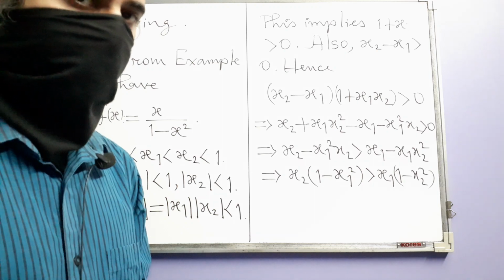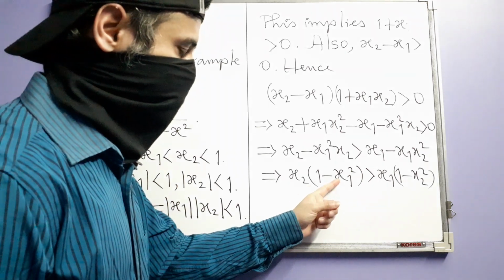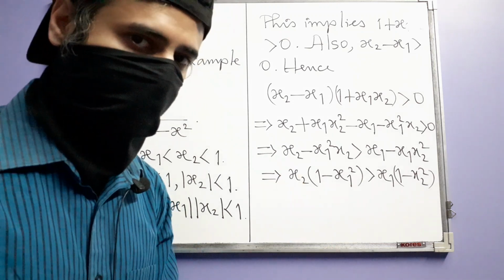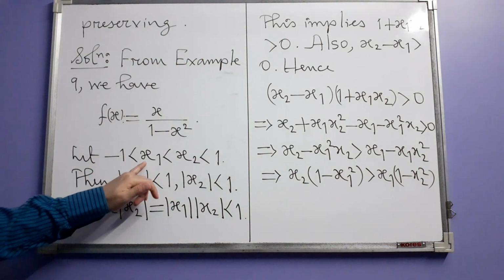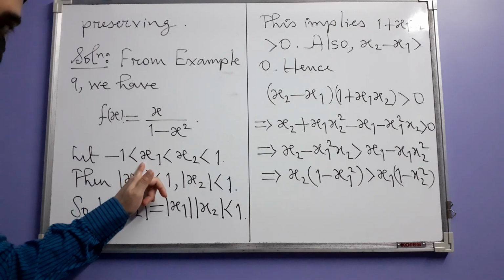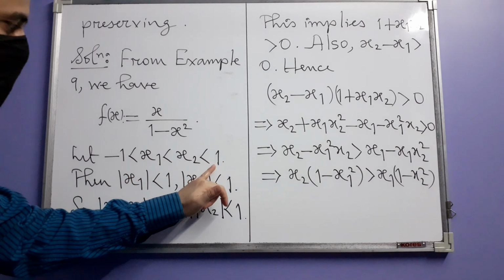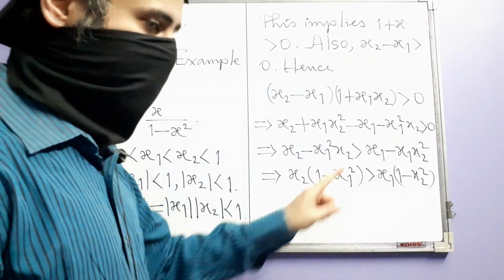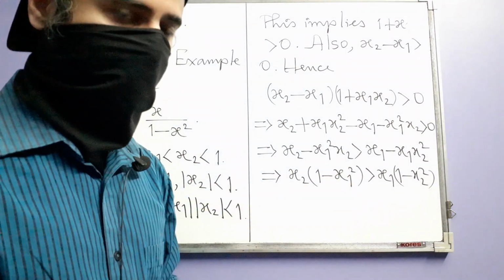Well, in general, of course, it's possible, precisely when x1 is either 1 or minus 1. Is that possible? x1 actually is greater than minus 1. It's never equal to minus 1. Also, it cannot be equal to 1. So 1 minus x1 square really is not equal to 0.